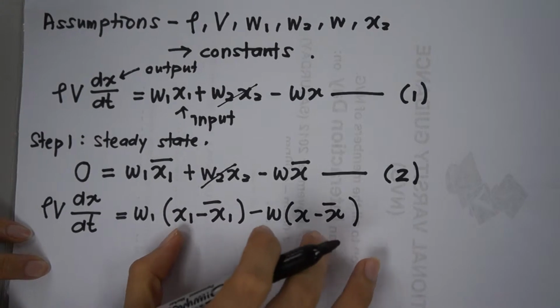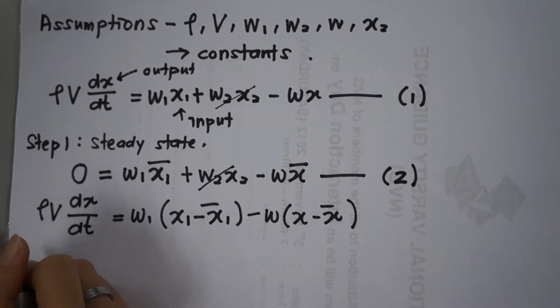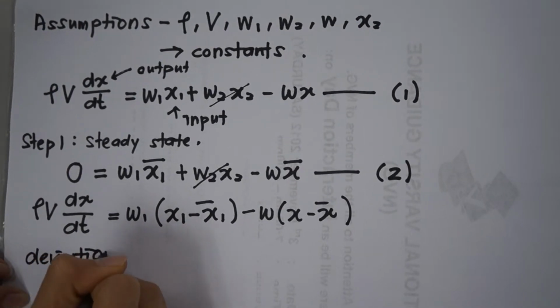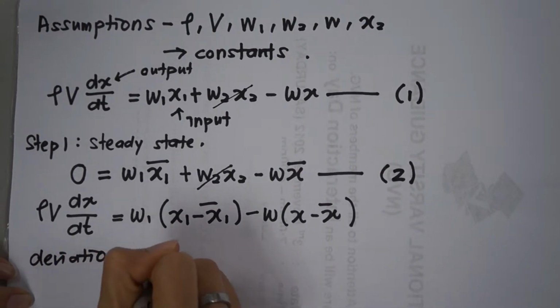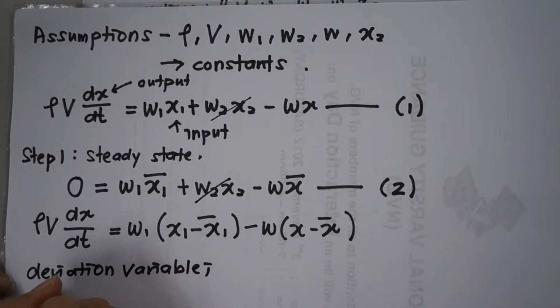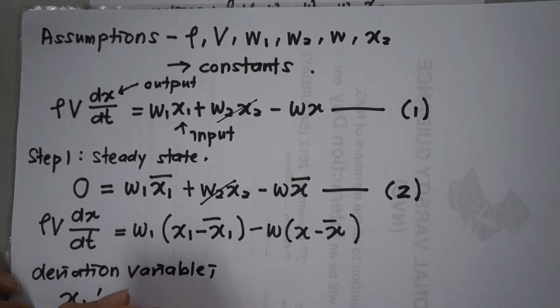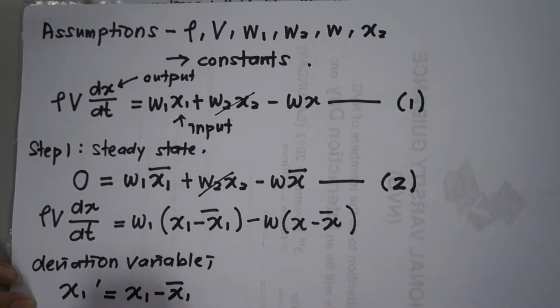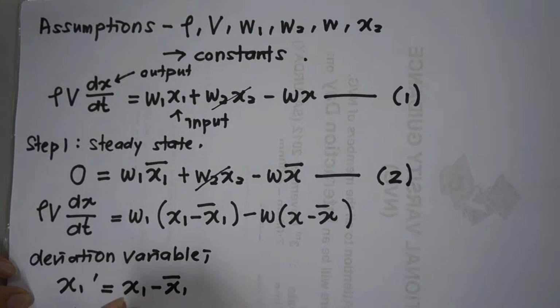It's too much information here, so we simplify it using deviation variables. We define x1 prime as equal to x1 variable minus x1 at steady state. The same goes for x.